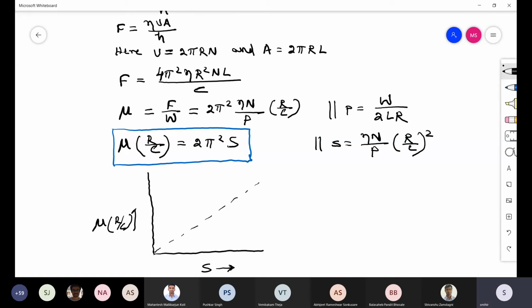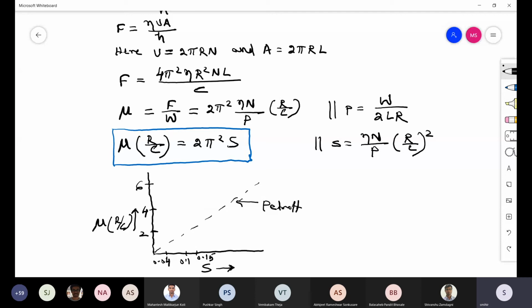This is mu R by C. Like that. So this is the line for the Petrov solution.